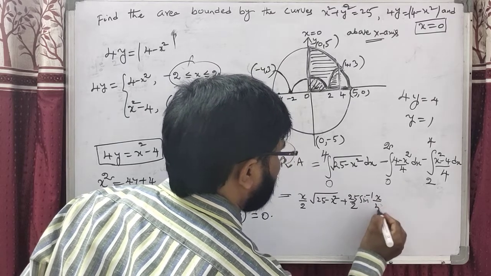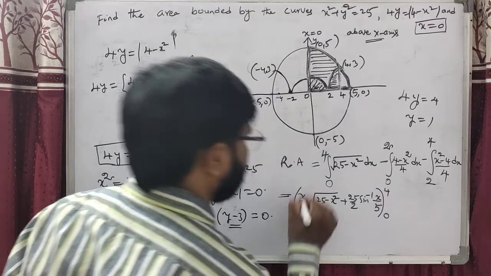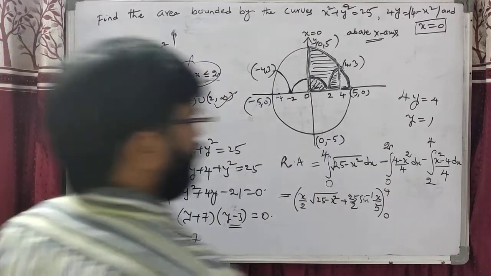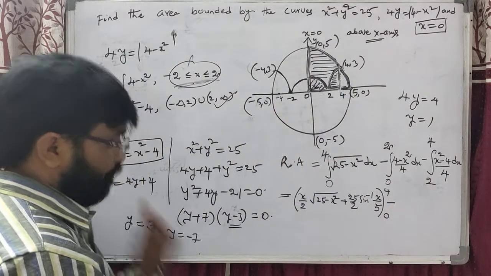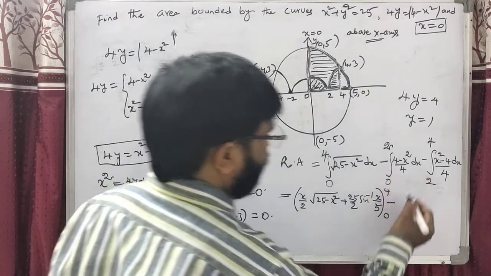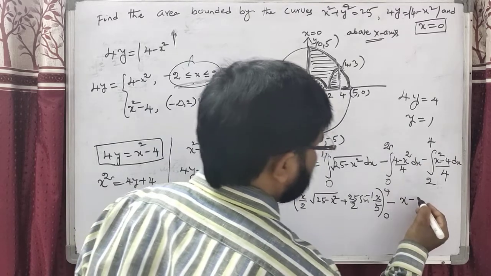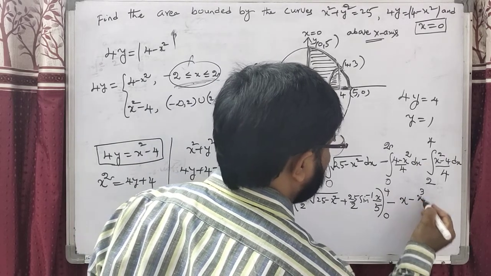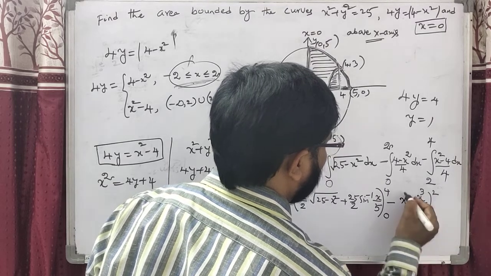The limits are 0 to 4. Now we have minus of 4 by 4, which is 1. Integral of 1 dx is x, minus integral of x square, which is x cube by 12. The limits are 0 to 2.